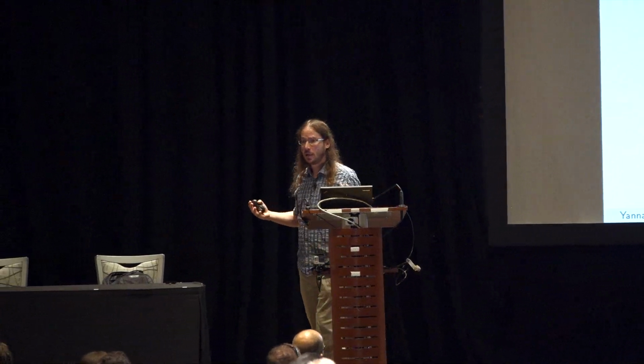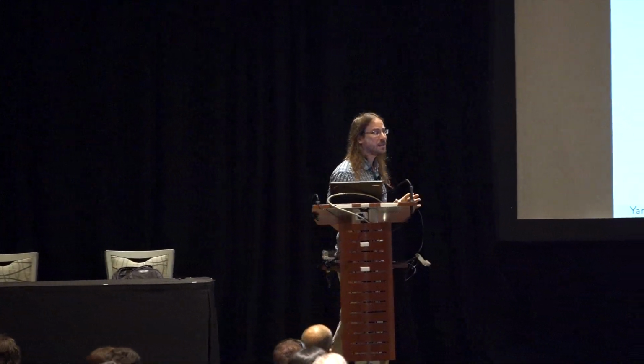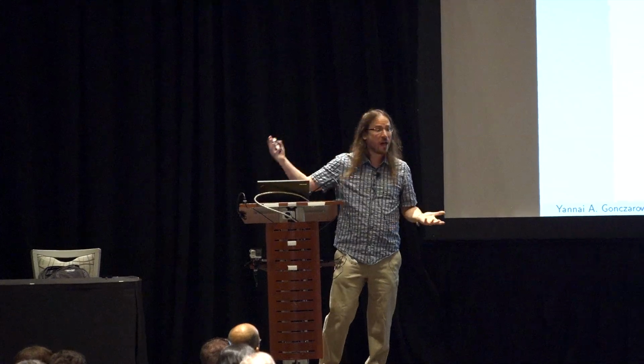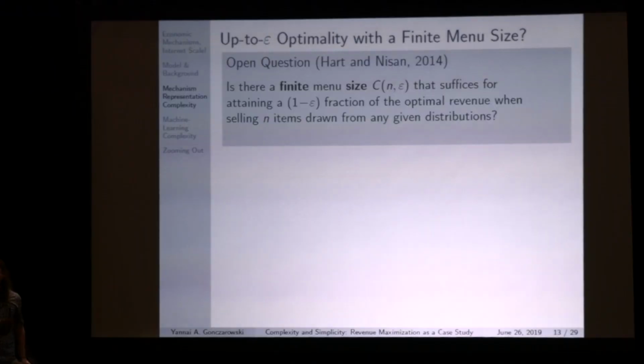If you tell me a number of items n and a desired approximation to the revenue epsilon, can I, based only on n and epsilon, commit to a menu size C, 1.5 billion, such that then whichever distributions you're going to tell me, I'll be able to give you a mechanism with menu size at most 1.5 billion that maximizes the expected revenue up to a factor of 1 minus epsilon.